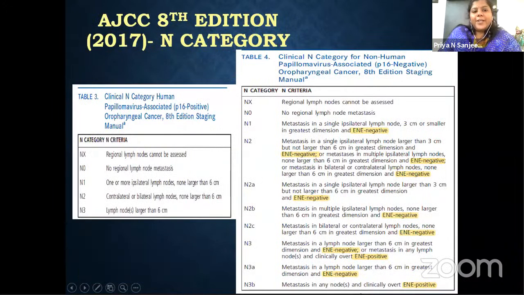So in 8th edition, the N category was subdivided into P16 positive and P16 negative. So under P16 negative, along with the dimension, the terminologies like ENE negative and ENE positive were added. So now you know what is ENE negative and positive, extranodal extension.